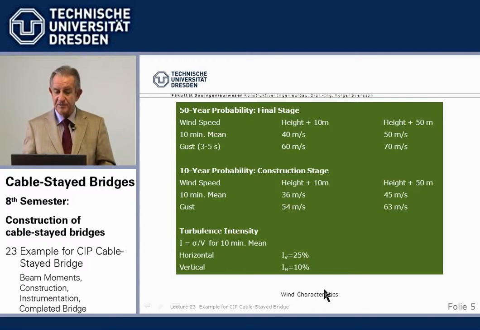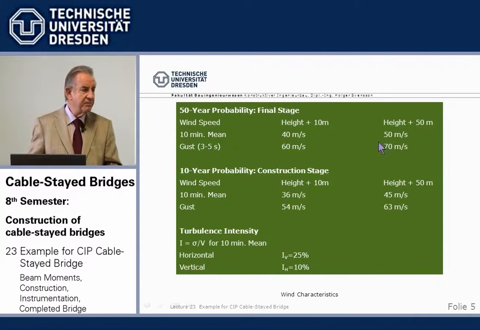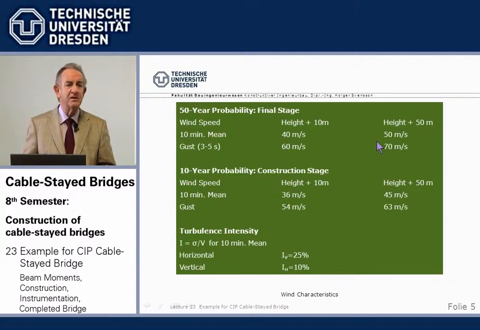And there we have the 10-minute mean, but the gust speed, which is the highest fluctuating wind speed with at least a length of 3 to 5 seconds, well, that's the catcher here, 70 meters per second. If we multiply that by 3.6, we come to, without a machine, 252 kilometers per hour. So 250 kilometers per hour storm, that's something. You will not stand up in it.